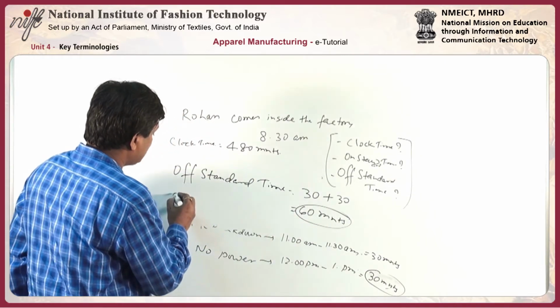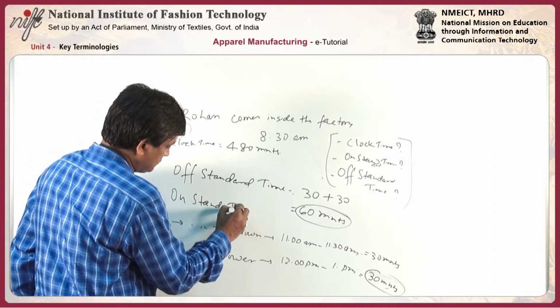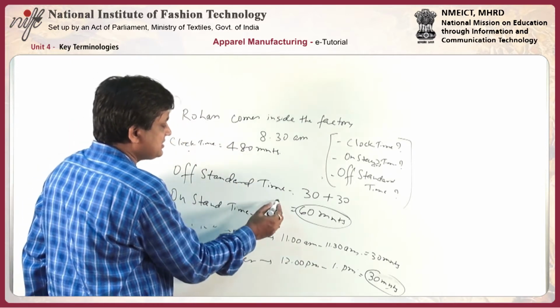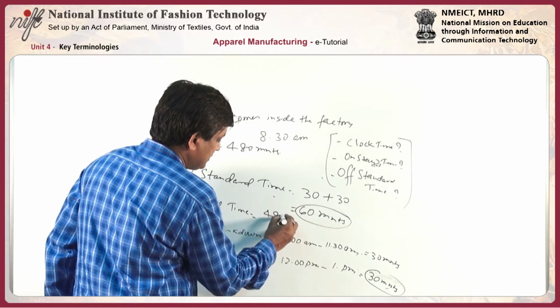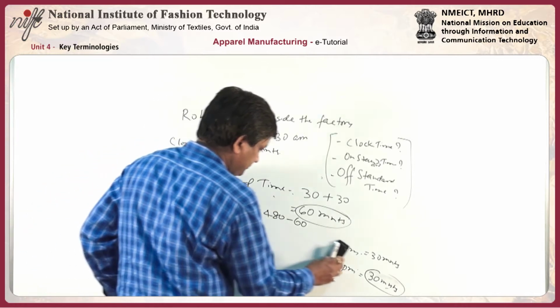So now we will calculate the on standard time. On standard time is clock time minus off standard time. Clock time is 480 minutes minus off standard time of 60 minutes.